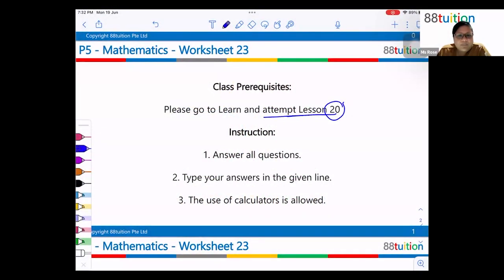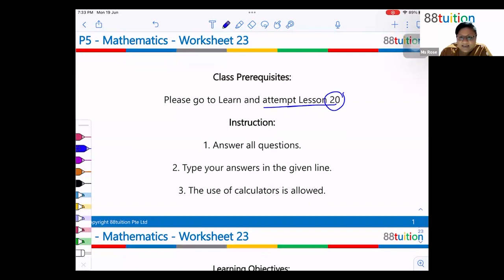Okay, now, as usual, for those of you who are new here, there are 3 parts to my lesson. Part 1 will be I will go through what you all have done in the worksheet. Part 2, we will do the Kahoot.